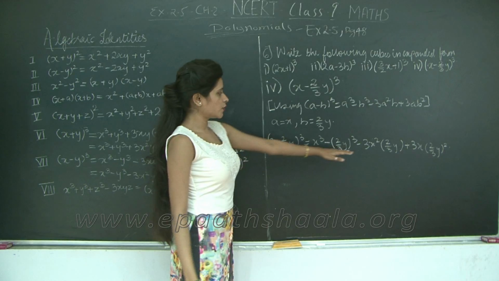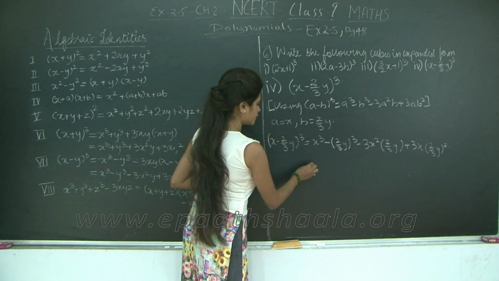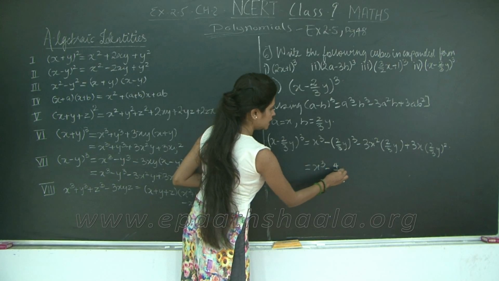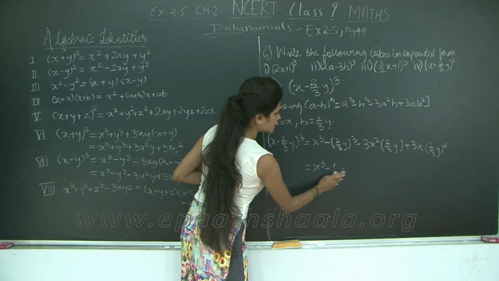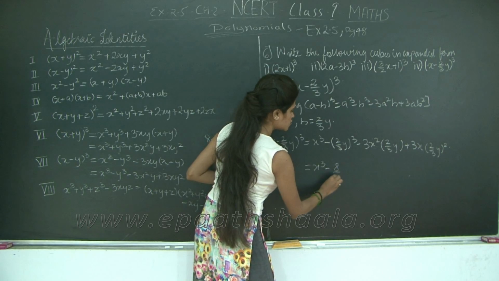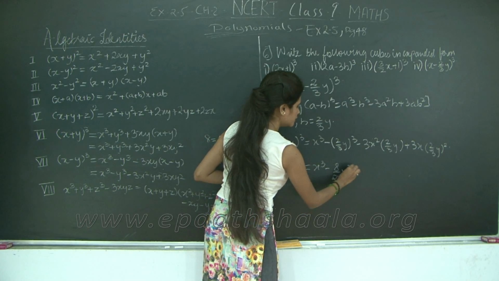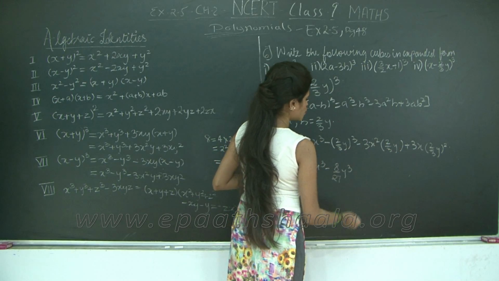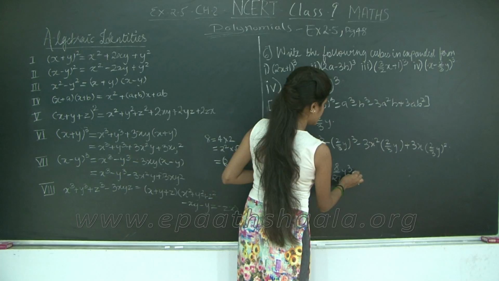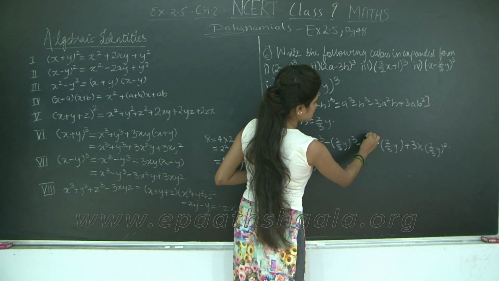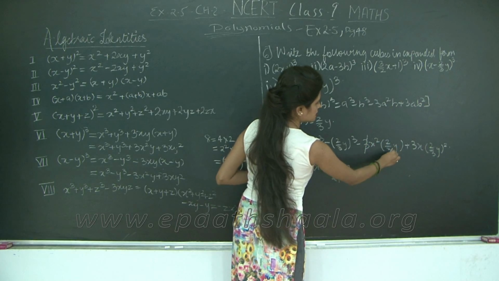Let us further expand these terms. So what do I get? x cube minus 4 upon 9y. 2 cube is 8 and 3 cube is 27y cube. So 3x square into 2y is going to give me minus, 3 2s are 6, or rather 3 and 3 will cancel.